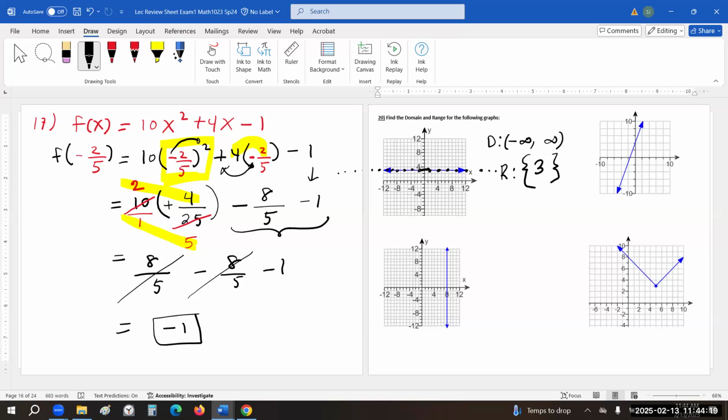Let's see this one. What is the domain here? The lines are going on forever. So for every point, do you have an x and y value? We have an x and y value. So what is happening to x values?